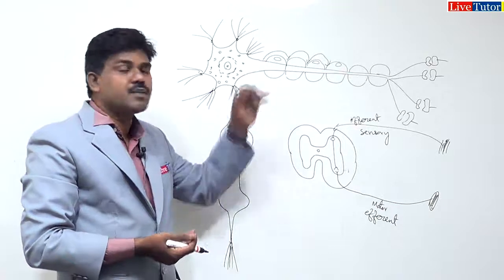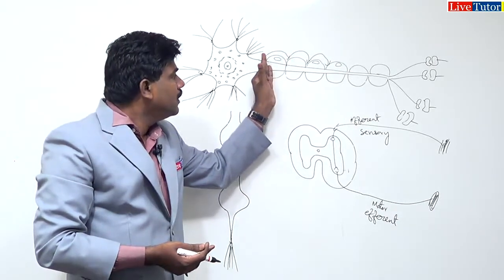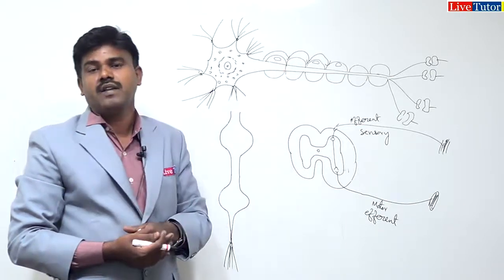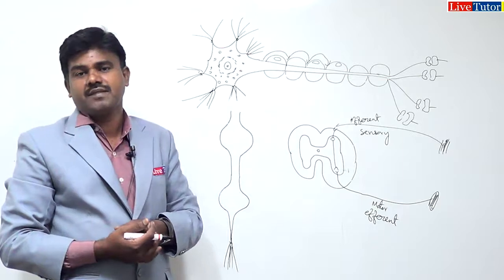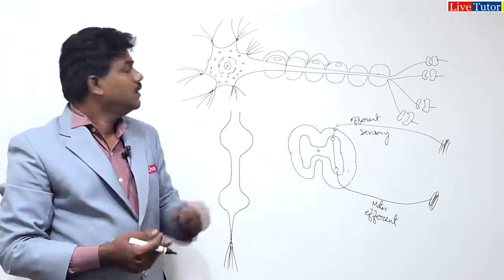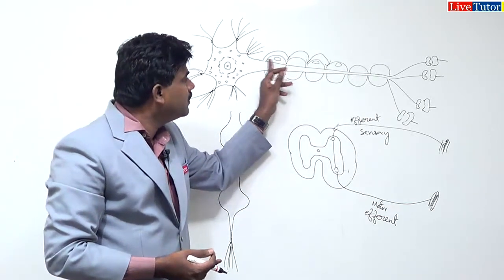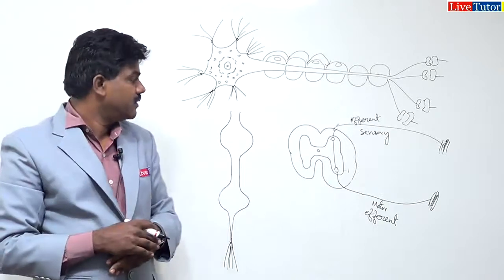What does the saltatory principle mean? It jumps from one node of Ranvier to another, because the medullary sheath never conducts impulses. So this is called the saltatory principle.